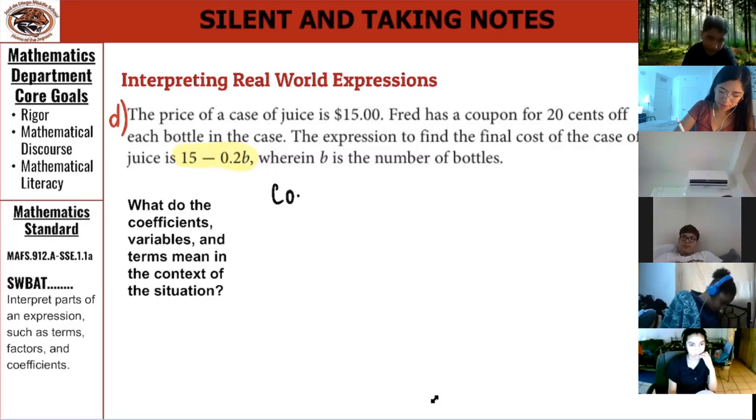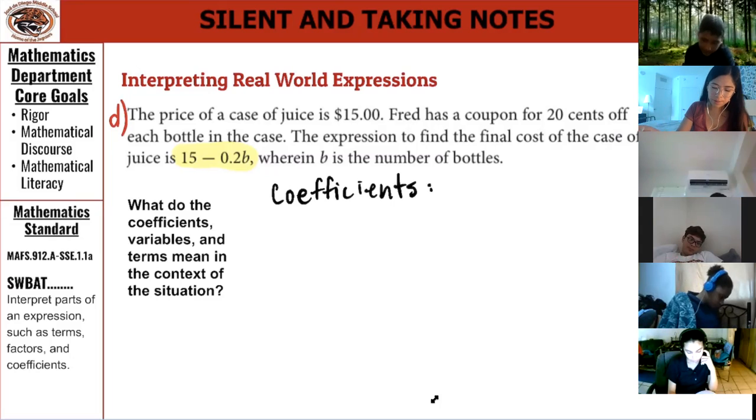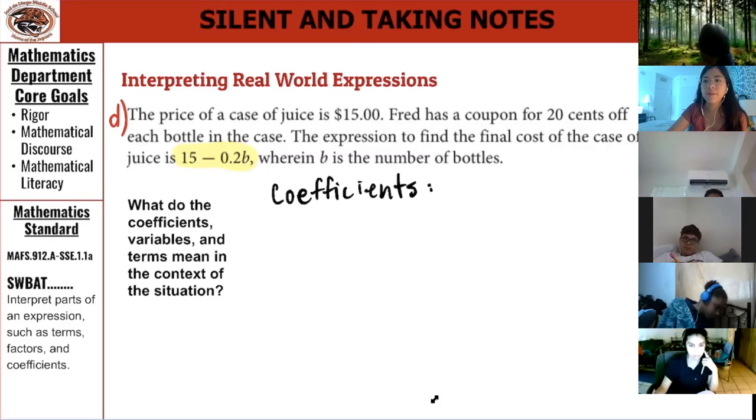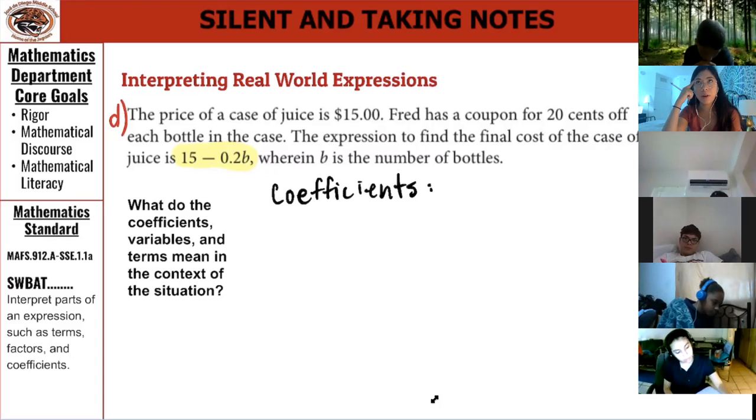And we're going to do the same thing. We're going to define the coefficients, the variables, and the terms. All right, so here, what do I have for coefficients? 0.2. And remember, coefficients get separated out by addition.